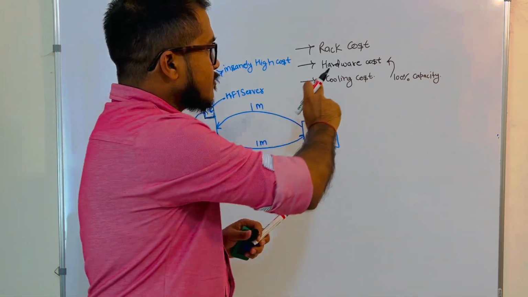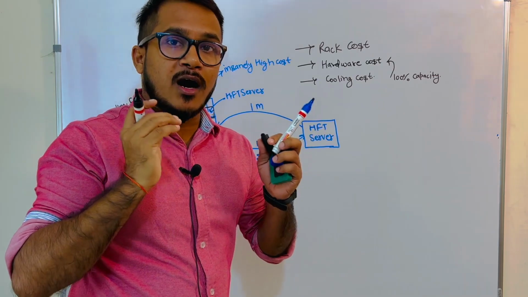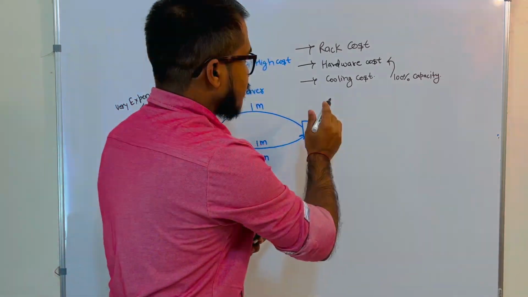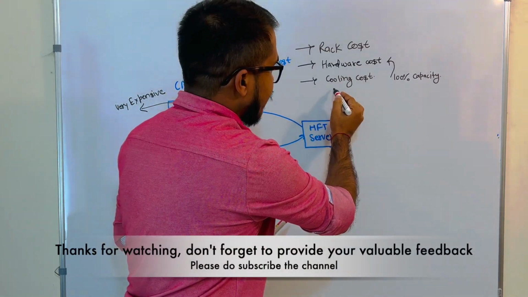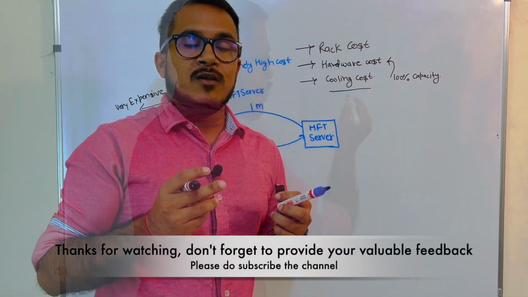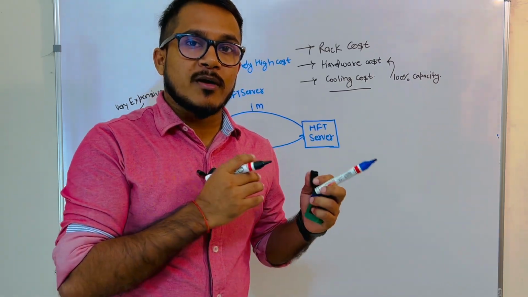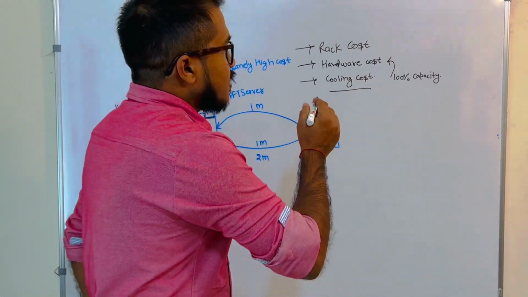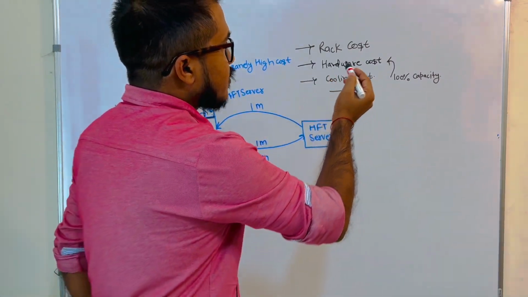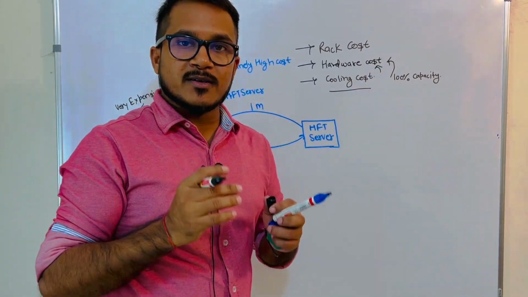So all the time this piece of hardware will be generating insanely high amount of heat. And to manage this heat, you will have to install very expensive cooling system. For that you will have to pay insanely high amount on per month basis or per year basis, whatever is your contract.